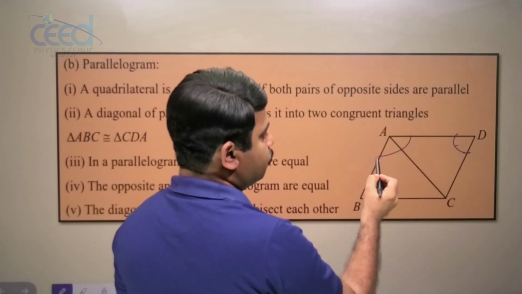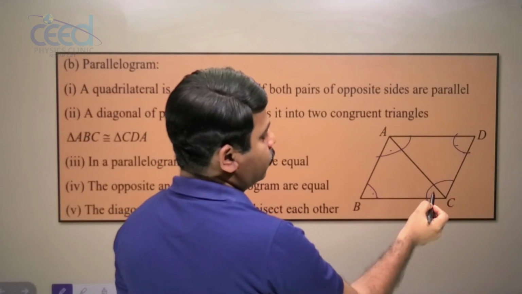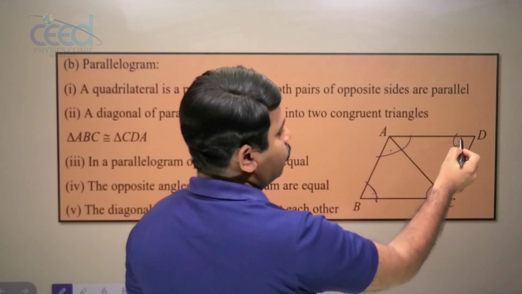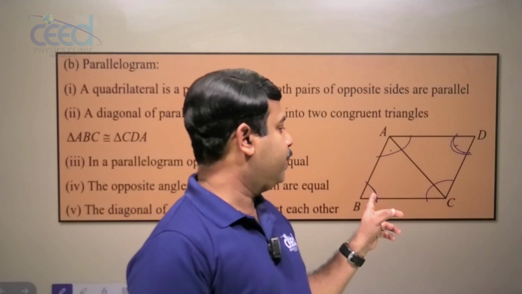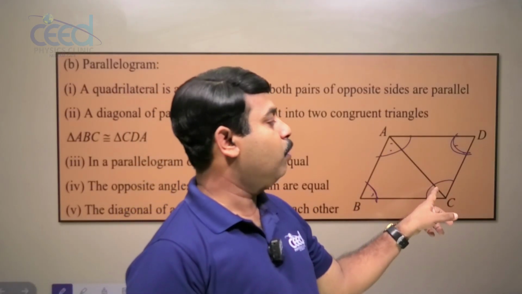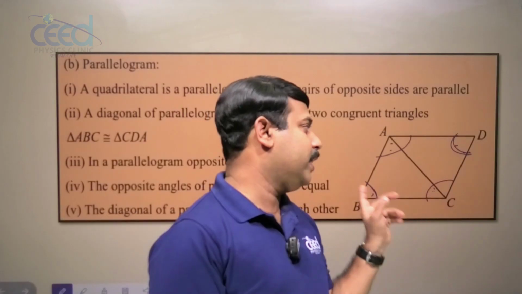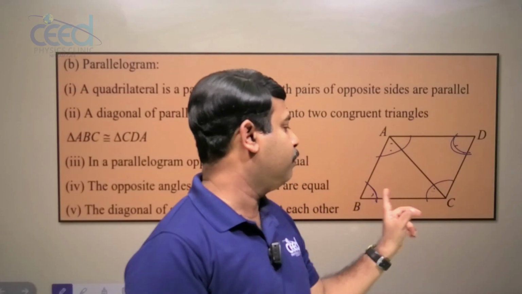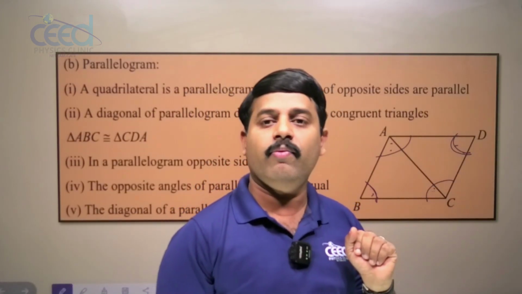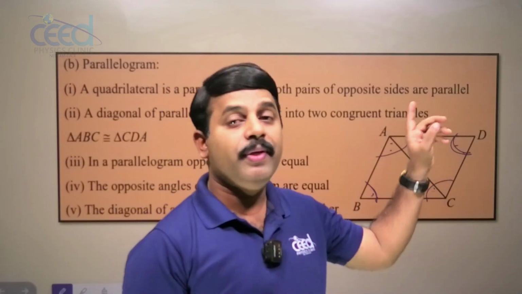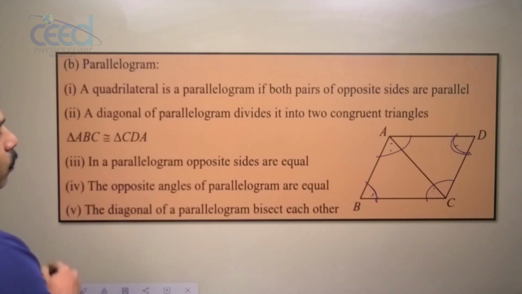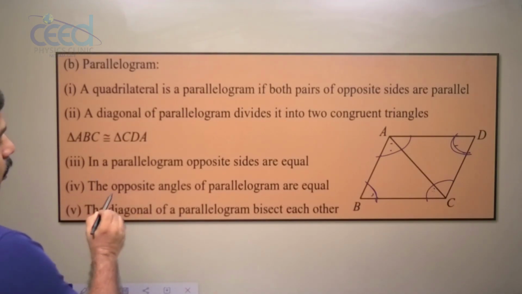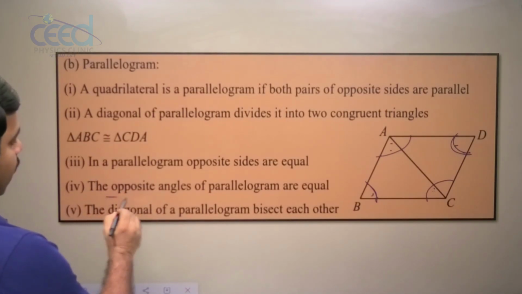Similarly, this pair is equal too. So two angles are below 90 degrees and two angles are above 90 degrees. But if we add all the angles, angle A plus angle B plus angle C plus angle D, the total sum is 360 degrees. So opposite angles of a parallelogram are equal.